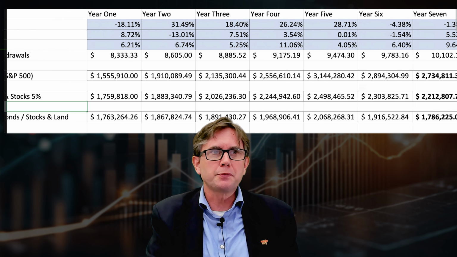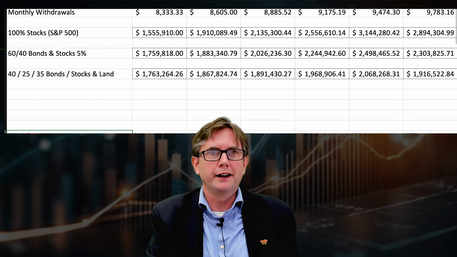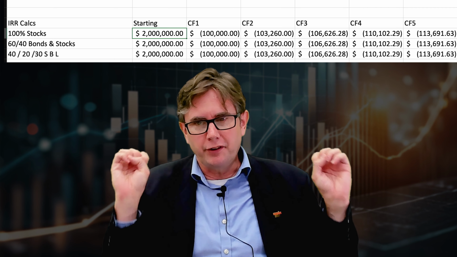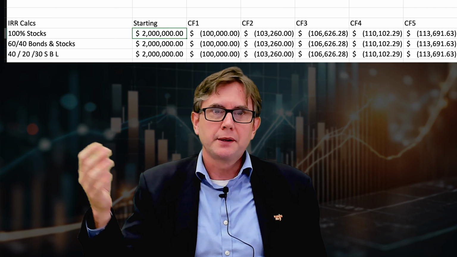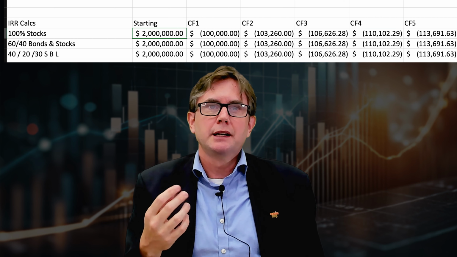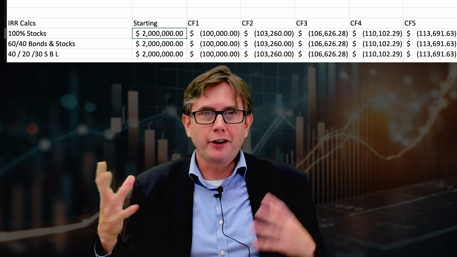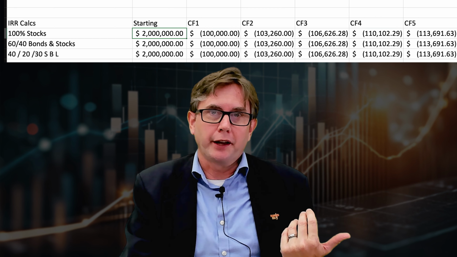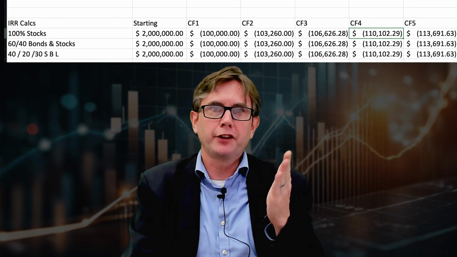The last thing on this spreadsheet is going to be the actual returns our clients faced. So we can look at those returns, take those 7 numbers and find the average, right? That's what that geometric return was. But it's not actually what happened. So if you look at it from a time value of money perspective, we put $2 million in a bucket, and then we pulled out 100, 103, 106, 110. This is the inflated amount we're pulling out, and we're left at the end with a certain balance.